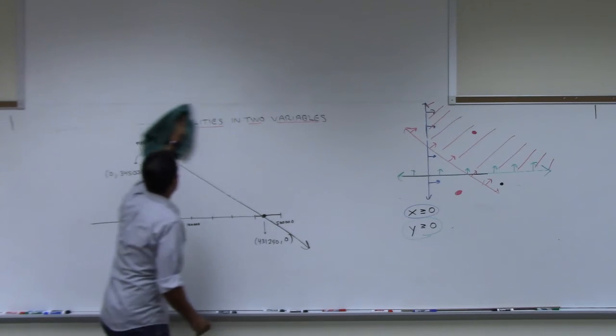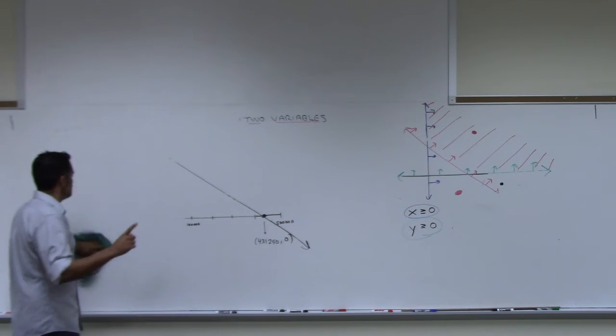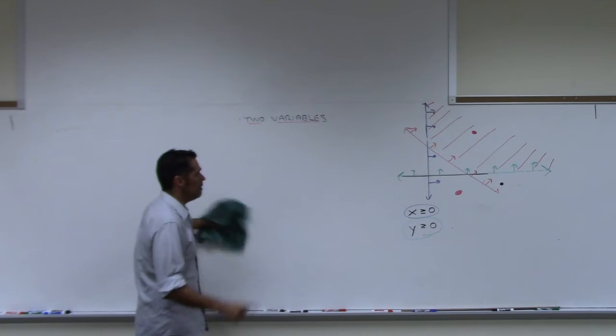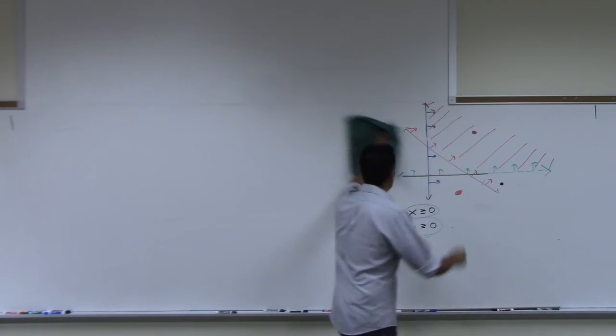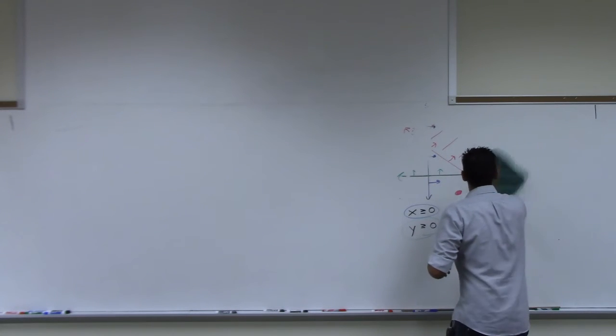So just some ancillary things here before we move on to the next section. This first section was just about how to graph these. Okay, how to graph a single linear inequality. But I want to just be clear on something before I go forward.